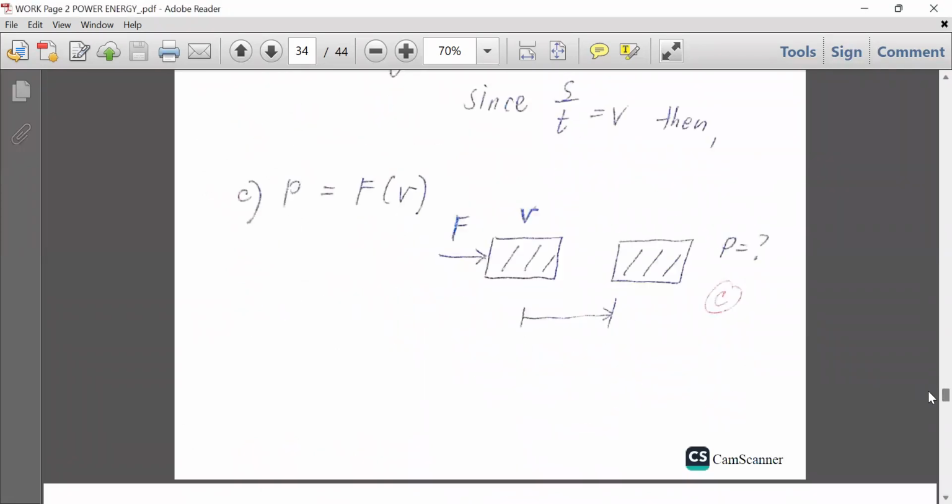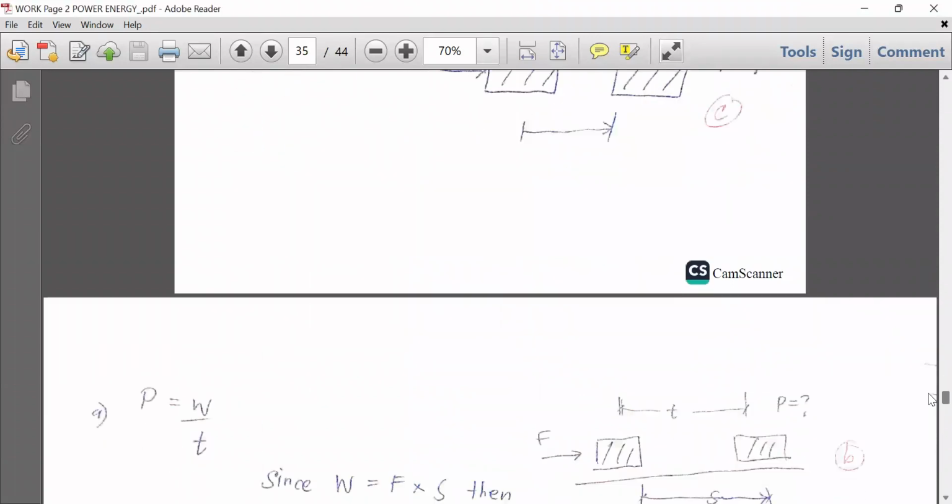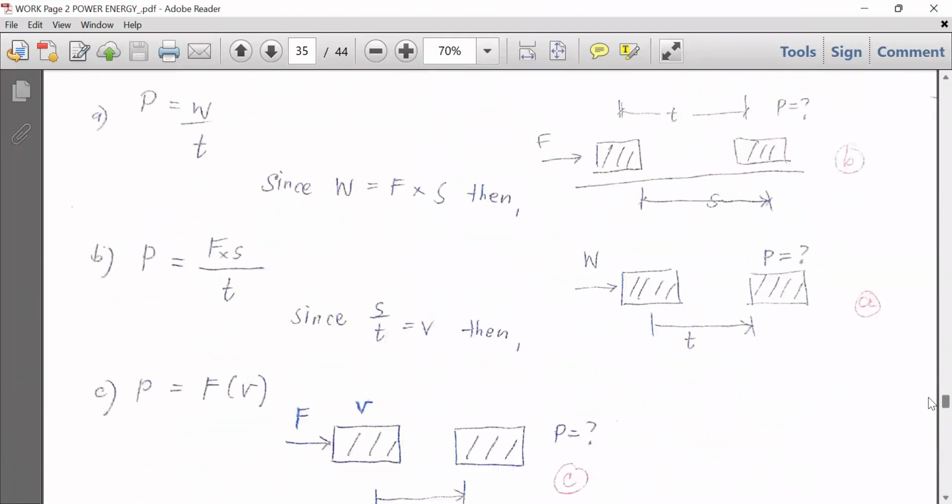So how about these sample illustrations. For letter A, if you're given this kind of problem, you just divide the work over time to get the power. Letter B, if you're given the force, the time, and the displacement, how do you get the power?